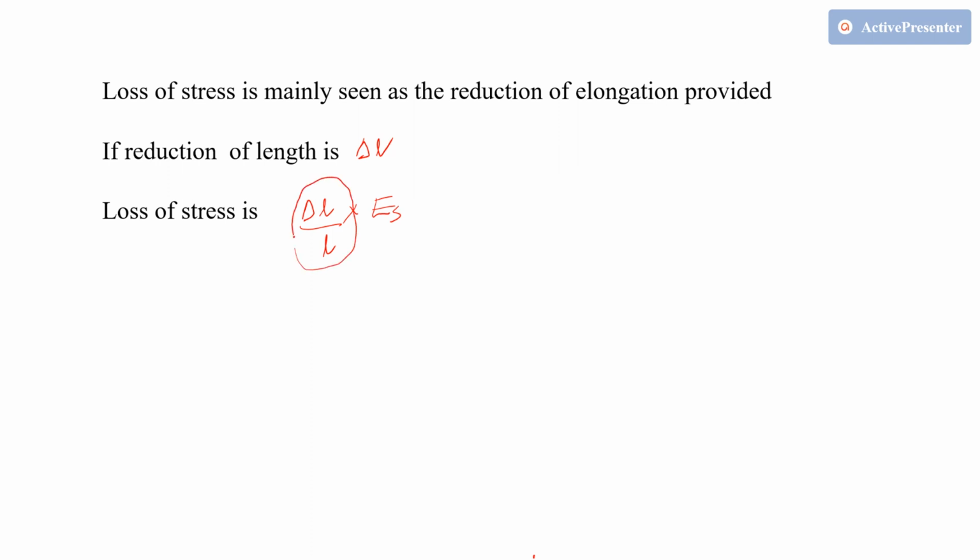If L was the initial length, or the elongation we have provided, then delta L by L is the strain, and ES is the Young's modulus. So strain into Young's modulus will give you stress. So delta L by L into ES is the loss in pre-stress, or you say the losses in pre-stress. The concept is very much the same, but the only change will occur when there is frictional loss. Others it's the same.